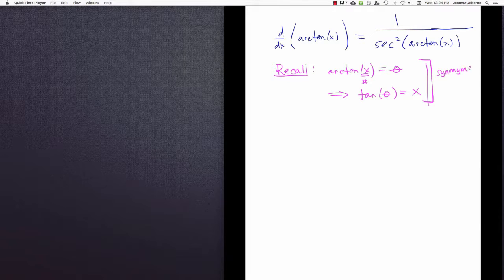Which means that the tangent is equal to x divided by 1. Tangent is the same thing as opposite over adjacent.